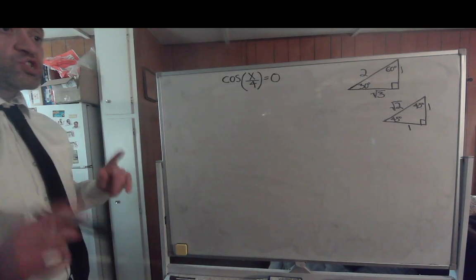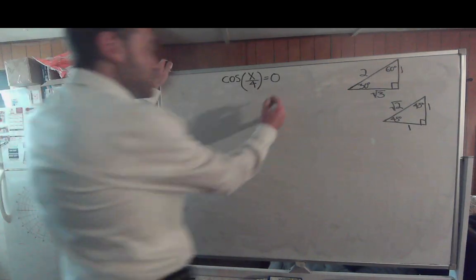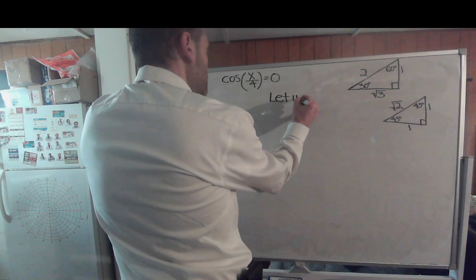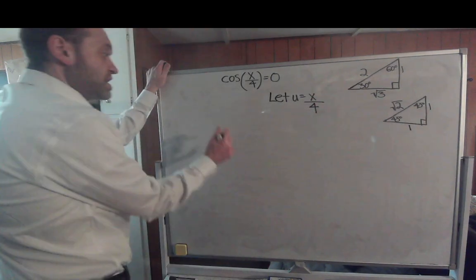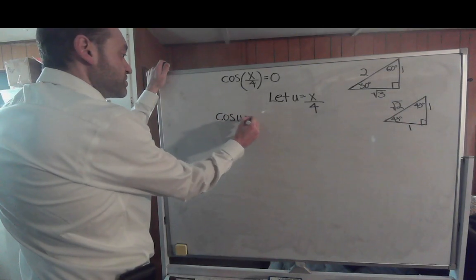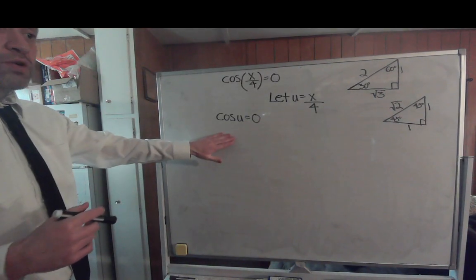My suggestion is to do what's called a u substitution. So we are going to let u equal x over 4. You can temporarily make this the cosine of u equals 0. You will temporarily just make this a single angle.